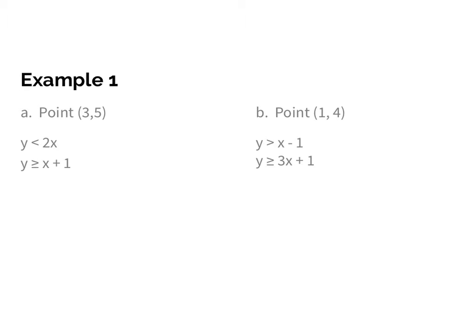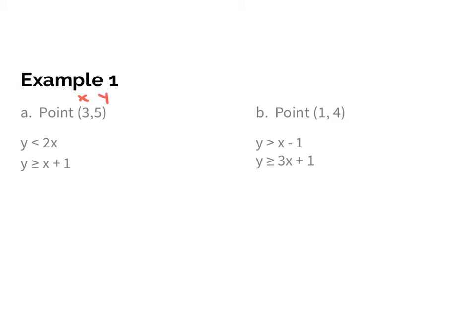Understanding a solution, again, is any values that make the inequality true. So in every point, you're given an x and y. Here I'm given x is 3 and y is 5. If I want to know if this point is a solution to this system, the system contains 2 inequalities. I have y is less than 2x and y is greater than or equal to x plus 1.